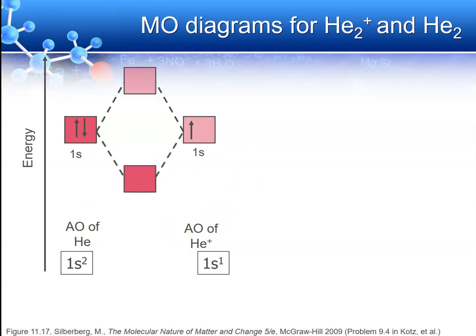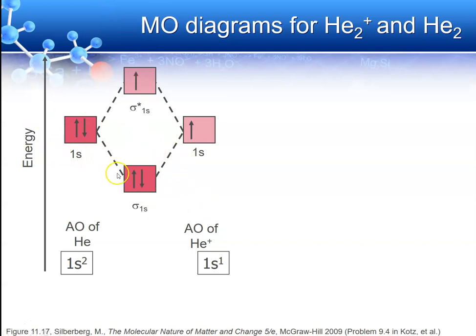So I'm going to do the same thing. I'm going to take my 2 atomic orbitals and mix them, and I form a bonding molecular orbital and an anti-bonding molecular orbital. And this is sigma 1s, that's sigma star 1s. And now I have 3 electrons to put in these orbitals. So I have 1, 2, 3.